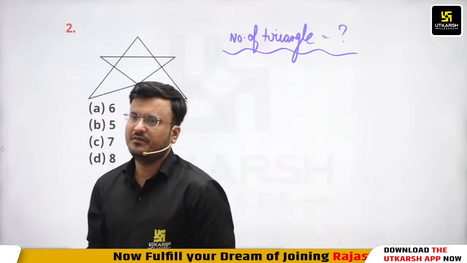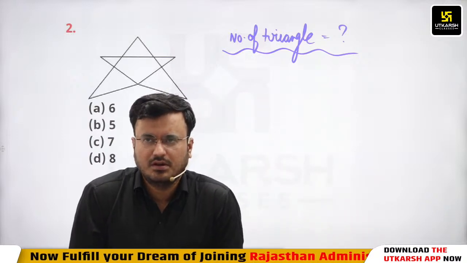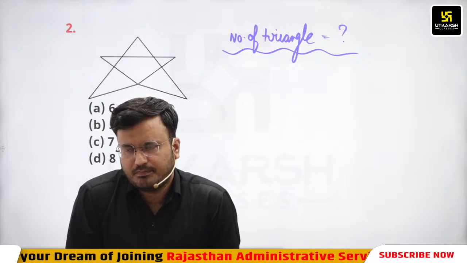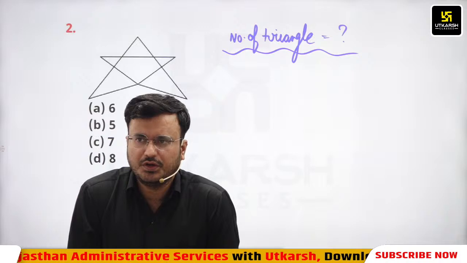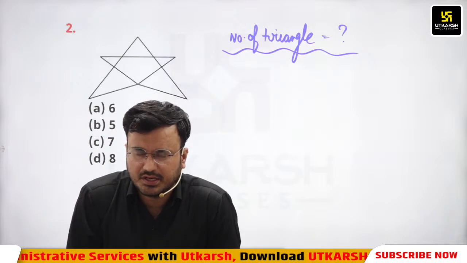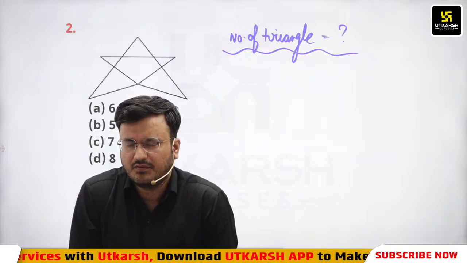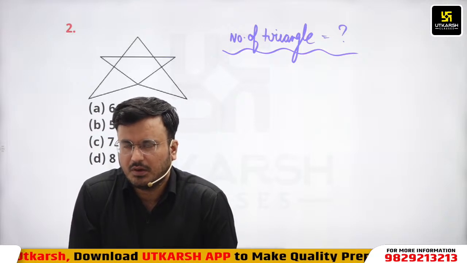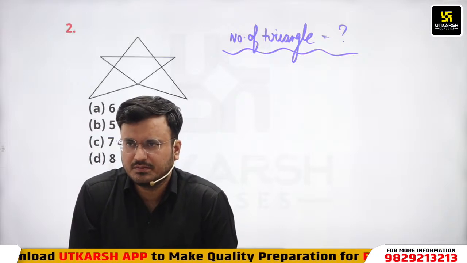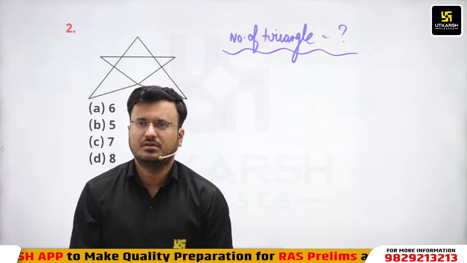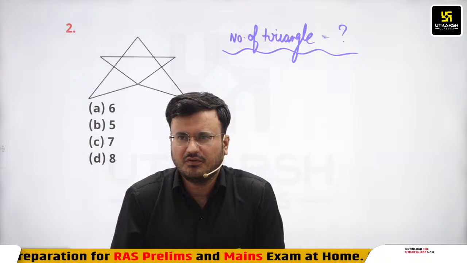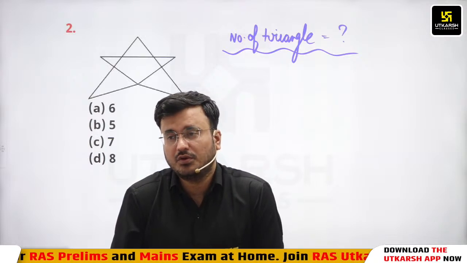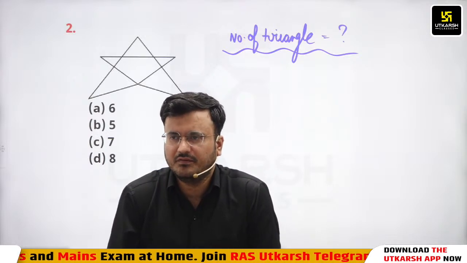How to know the hidden figures? We need to practice more and more. First you need to understand all the basic figures. After that you need to perform about 50 to 60 or 70 to 80 questions of counting of figures. After that you will get confidence and you will be able to find the hidden figures.